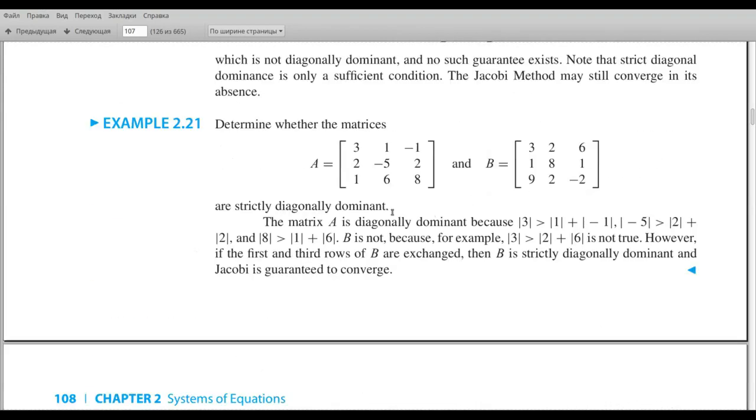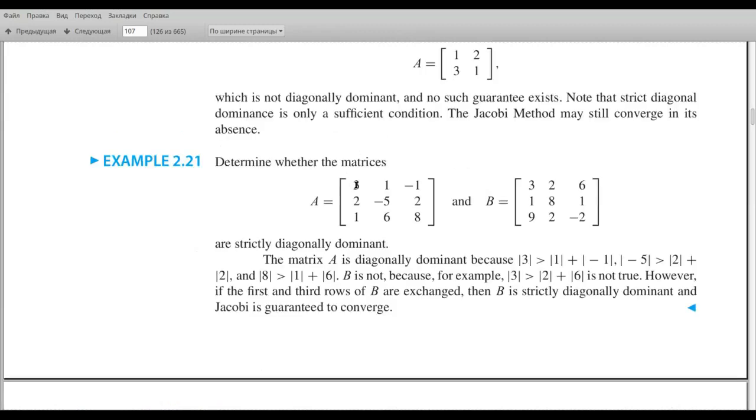So for example, for this matrix, if I ask you to figure out whether it is diagonally dominant, you see the magnitude of 3 is strictly more than the magnitude of 1 plus the magnitude of -1, right? Then the magnitude of 5, -5, is strictly more than the magnitude of 2 plus the magnitude of 2, and so on.